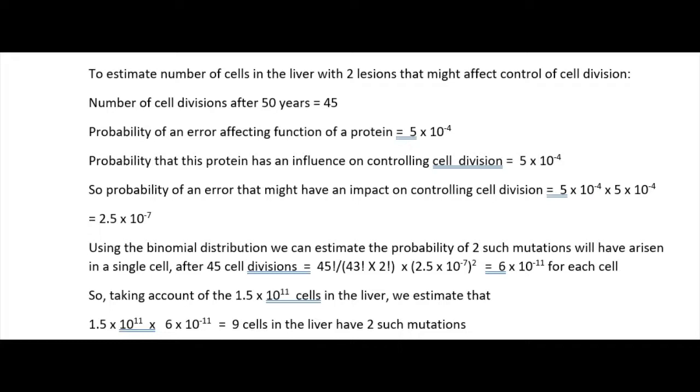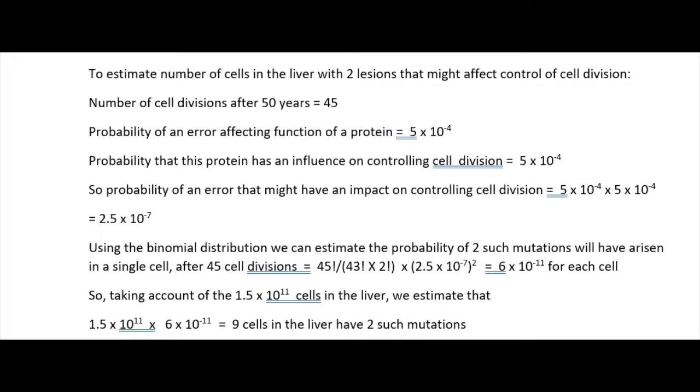Now, to work out the probability that we get 2 such errors in a single cell when we have 45 cell divisions, we can use something called the binomial distribution, which we're not going to go into here, but if you do statistics, is something that you will learn about, and it enables you to calculate the probabilities of combined events like this.